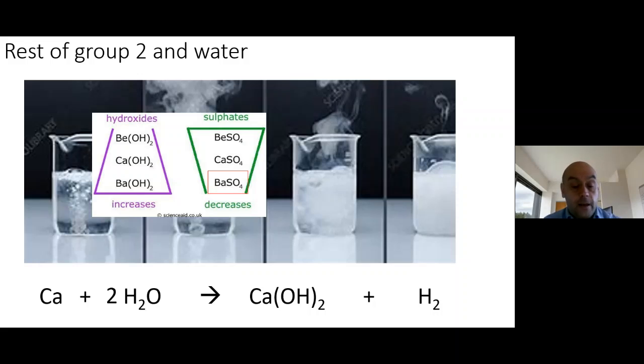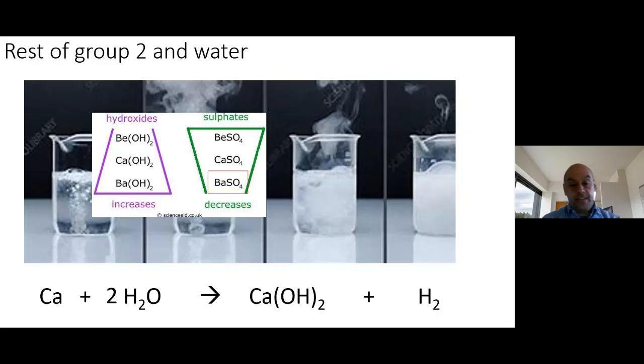The test for a sulfate ion is to add barium chloride and you form insoluble barium sulfate. So when I'm trying to remember this order, I know that barium sulfate's insoluble. That tells me solubility of the sulfates decreases down group 2, and I know the hydroxides are the opposite. So whenever I'm not sure, I always just go back to my barium sulfate.